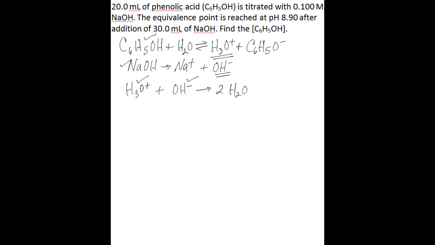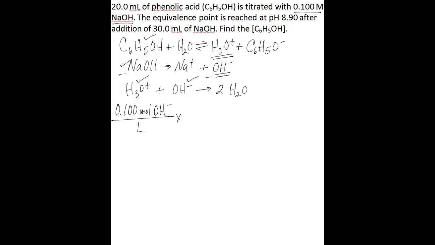Given this information, you can figure out how many moles of hydroxide have been added when the equivalence point is reached. So you know that the concentration of the sodium hydroxide solution you're working with is 0.100 molar. And because for every mole of sodium hydroxide you also have 1 mole of hydroxide ion, you can say that the concentration of your solution of titrant is 0.100 moles of hydroxide per liter.